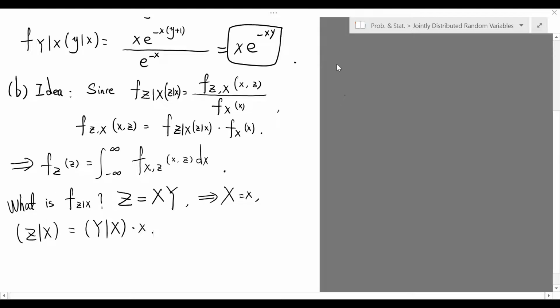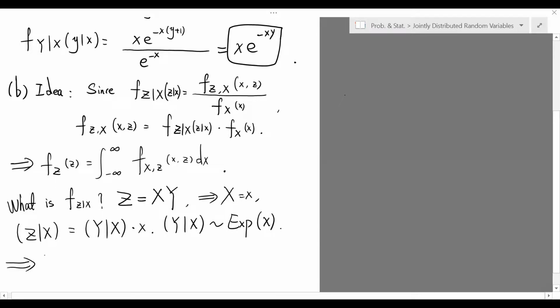In other words, the variable of y given x is in fact an exponential random variable with parameter x.